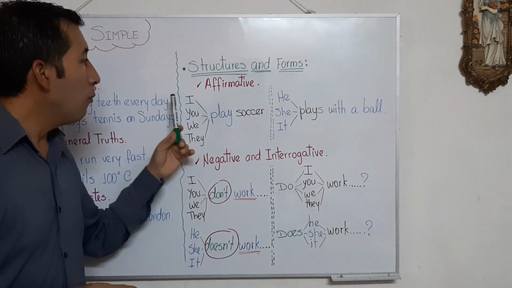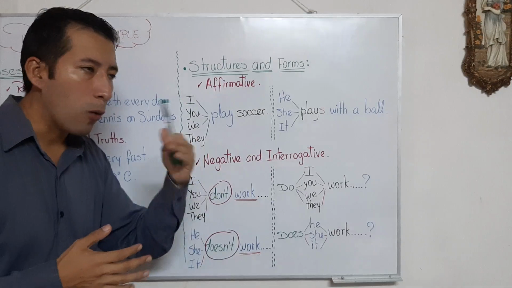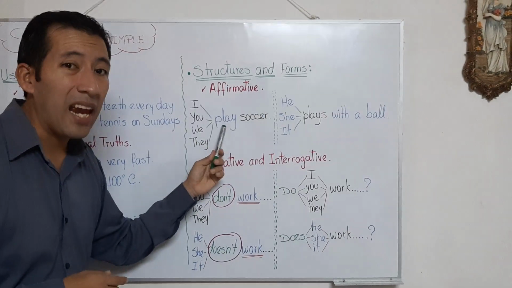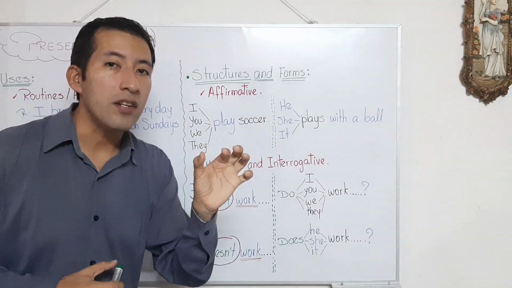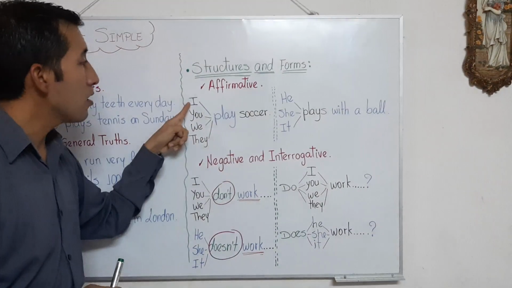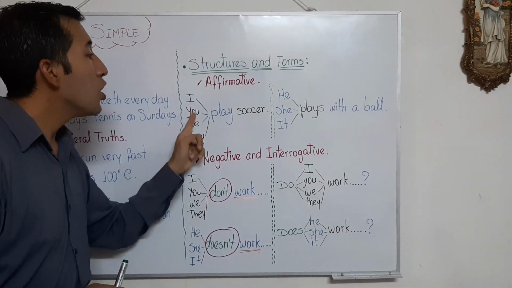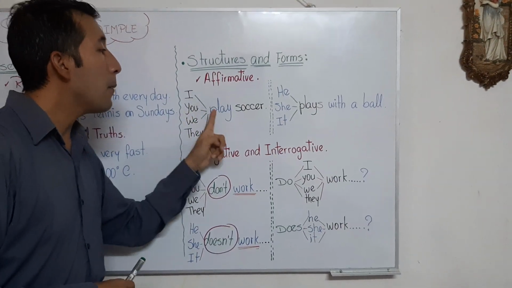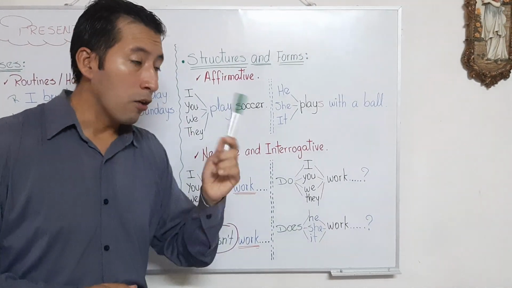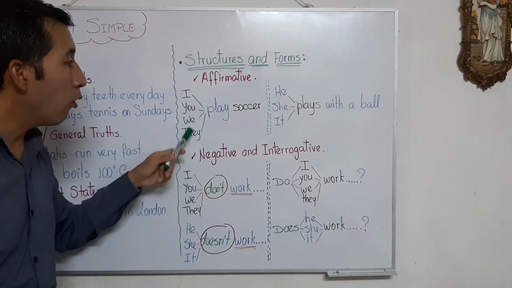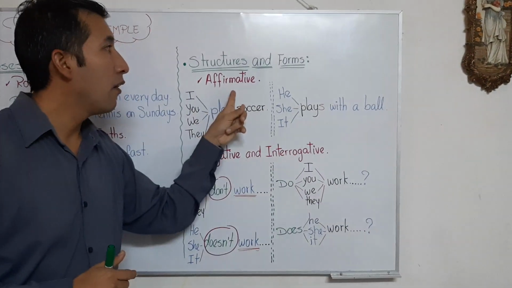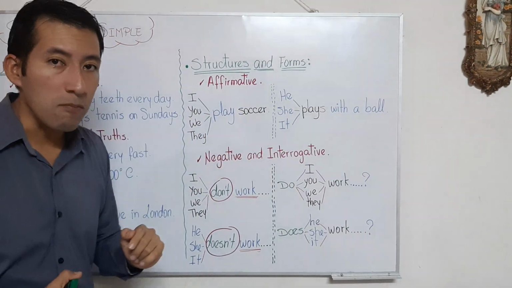So what do I use with I, you, we, and they? Play. We use the infinitive form of the verb, the base form of the verb. So I play soccer, you play soccer, we play soccer, and they play soccer. With all of these, we don't change anything in the verb in present simple.